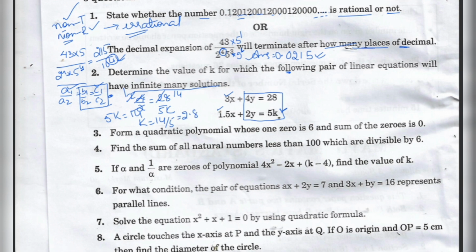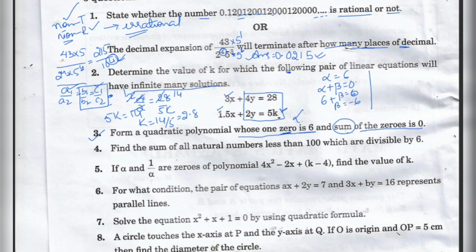Then the third question, form a quadratic polynomial whose one zero is 6, let us assume alpha is 6, and look at this point here, the sum of the zeros is 0. It is not the other zero given, but the sum of the zeros. So let alpha be 6, the sum of the zeros is 0. Alpha is 6, so beta will be minus 6.